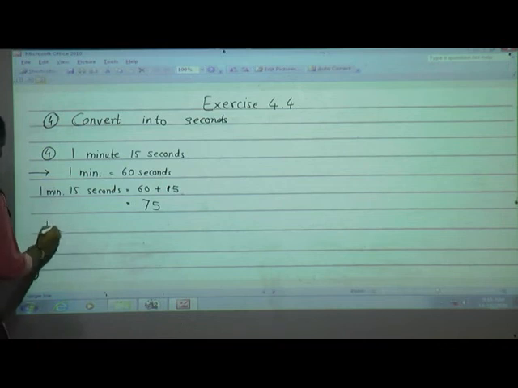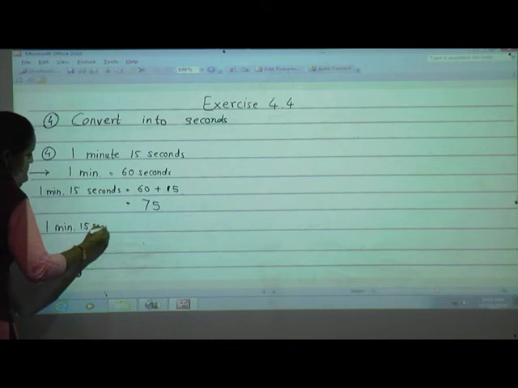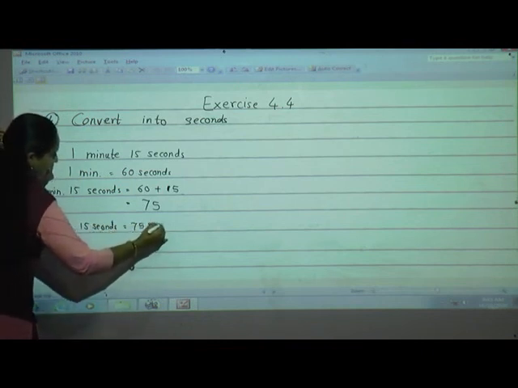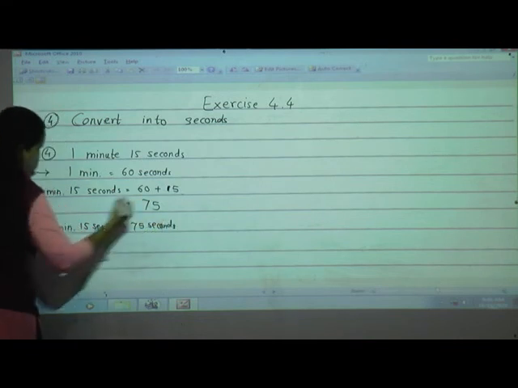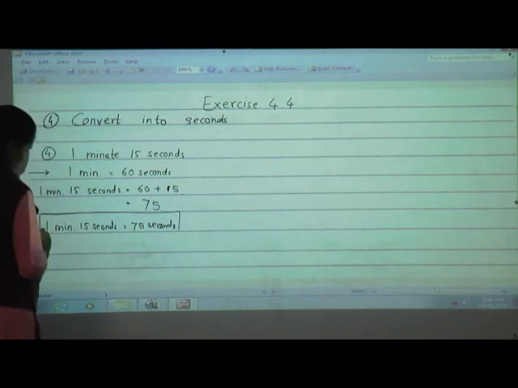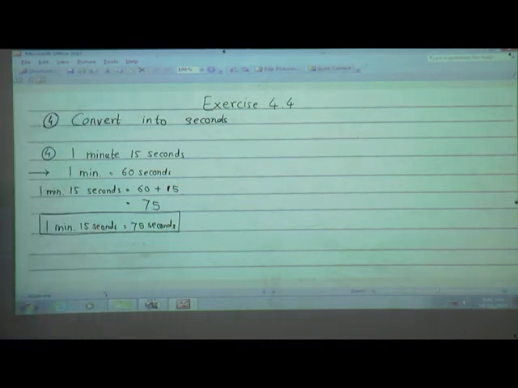So write once again, 1 minute 15 seconds is equals to 75 seconds. Do the bracket. Okay, in this way.